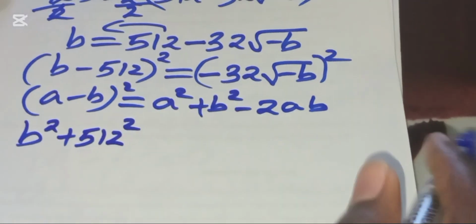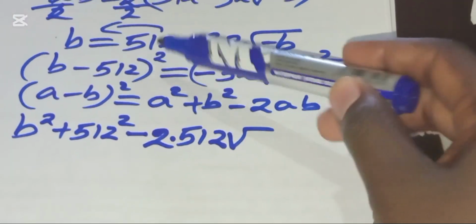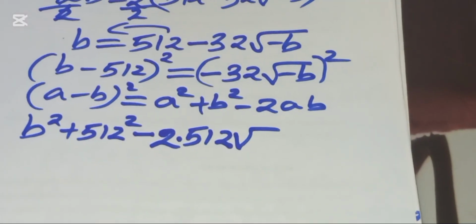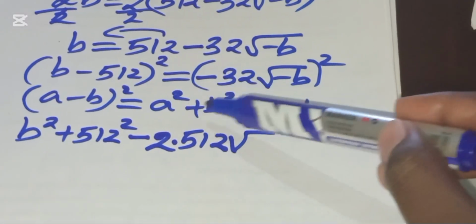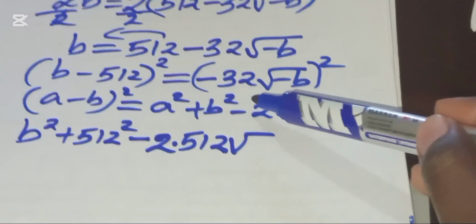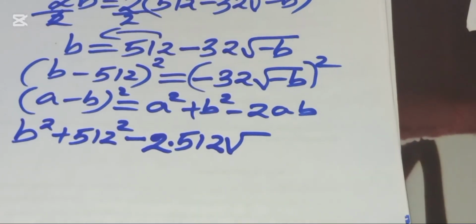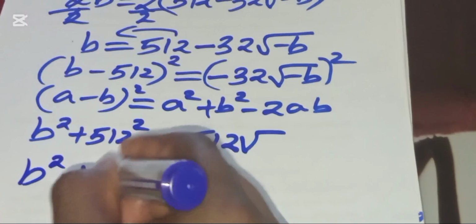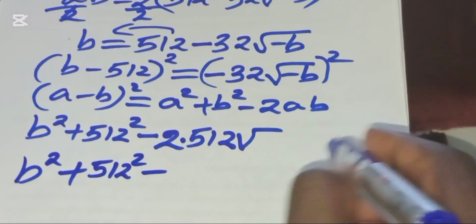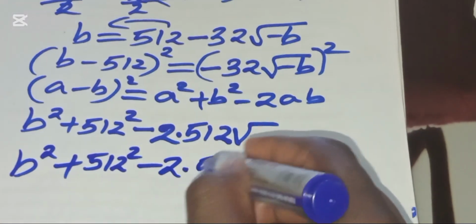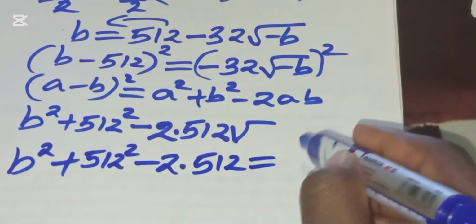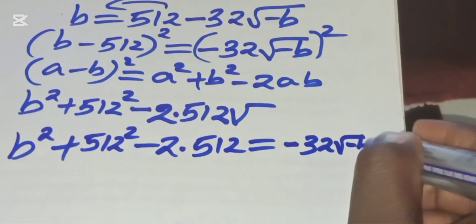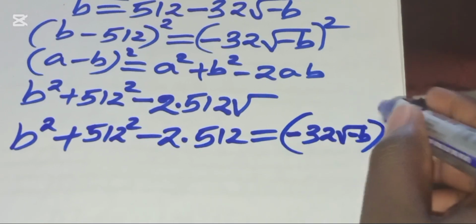Applying this property, we'll have b squared plus 512 squared minus 2 multiplied by 512 times b. This is equal to negative 32 square root of negative b, all of this squared.